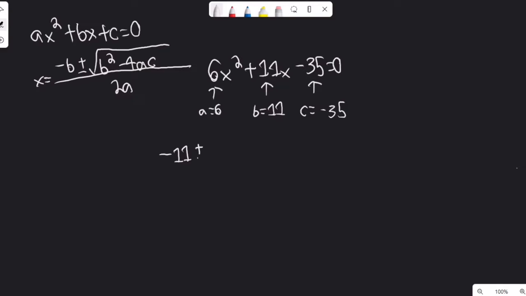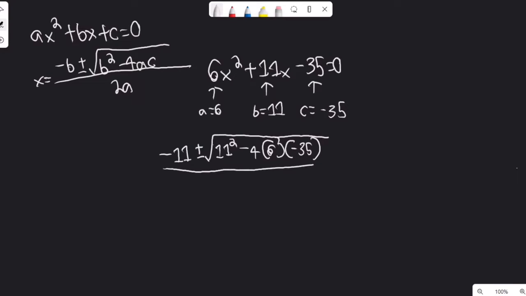So it'd be negative 11 plus or minus the square root of 11 squared minus 4 times 6 times negative 35, over 2 times 6.